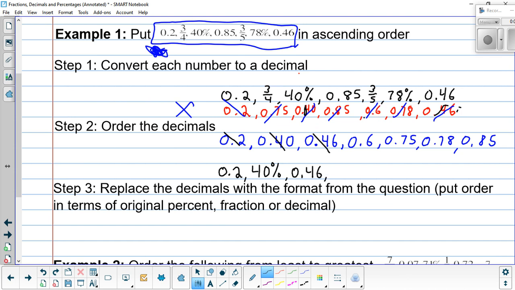So I look for my 0.6, which is here. Look up, it was 3/5. Carrying on, 0.75. Well, where's that? It was over here. So that was 3/4. Right? Then we have 0.78. 78 was 78%.